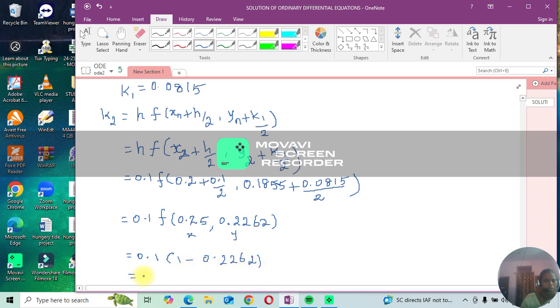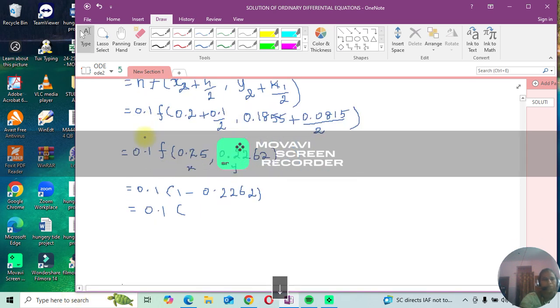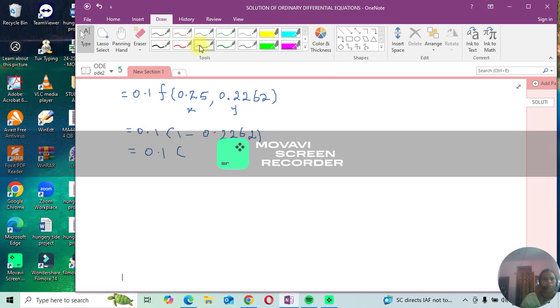Subtracting 0.2262 from 1 we get 0.7738.